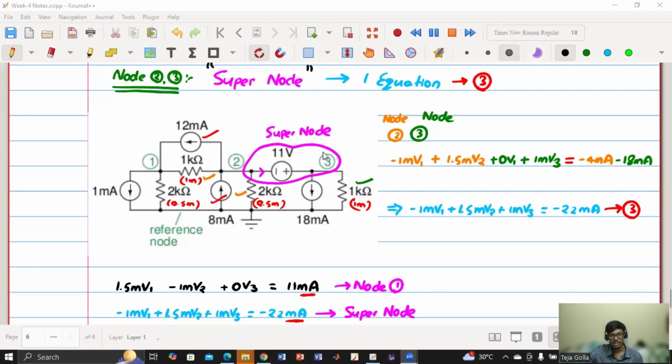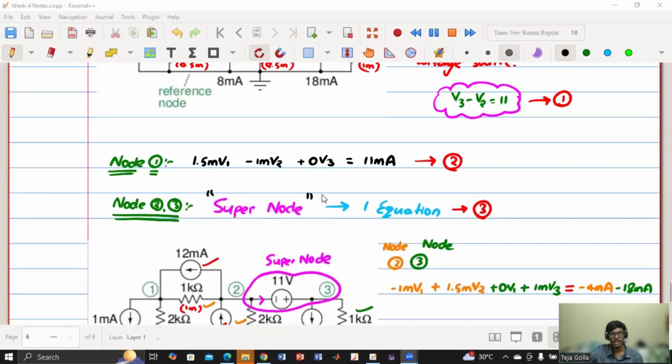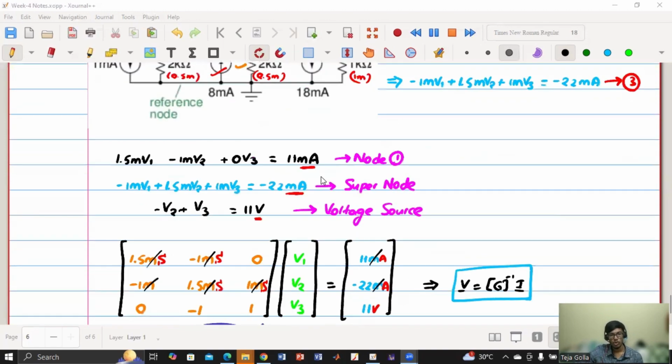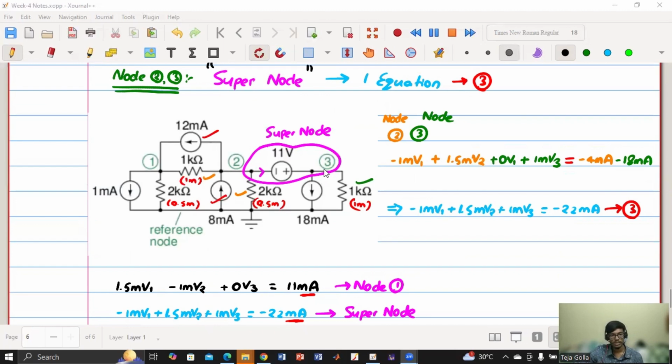And why have we considered 2 and 3 as a supernode? Because there is a voltage source between 2 and 3. So wherever there is one independent or dependent voltage source between two nodes, those two nodes should be considered as a supernode. Does this clarify your questions?